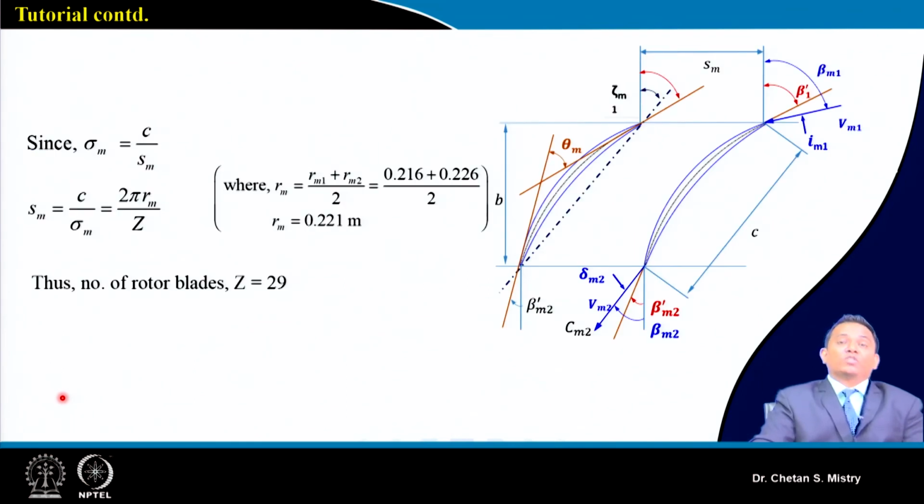Once this solidity is known, it helps us calculate my number of blades. My number of blades we put as 2 pi r by z, based on my pitch calculation. It says my number of rotor blades is coming 29.